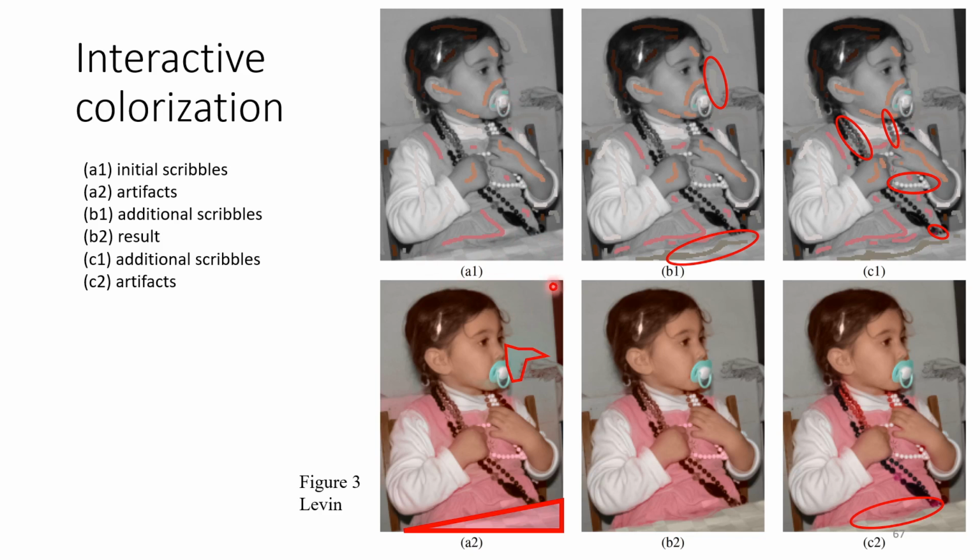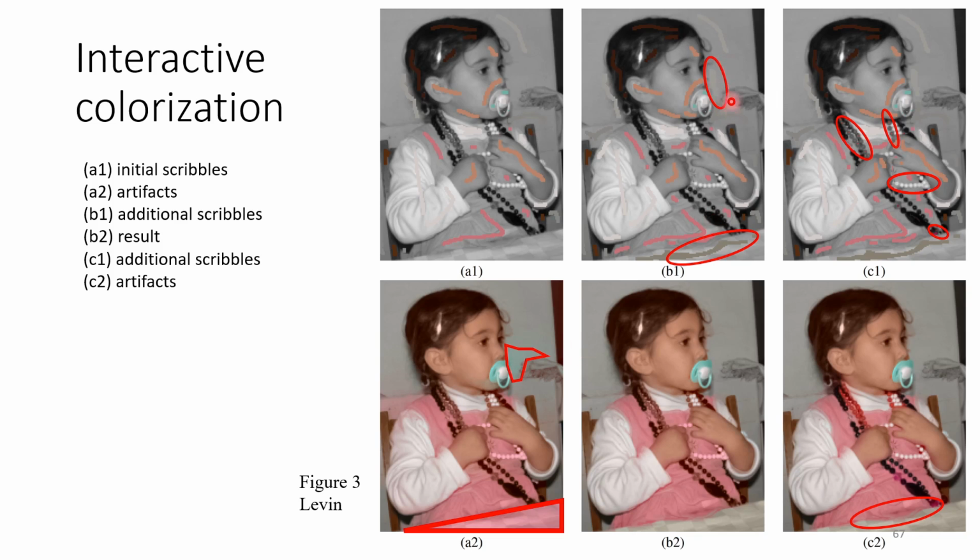And for this table, because the author didn't assign any value on this table, it becomes the color of the clothing, right? So how to solve the problem?